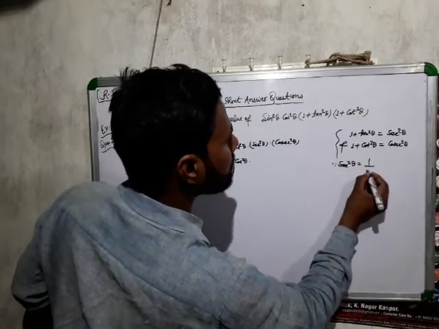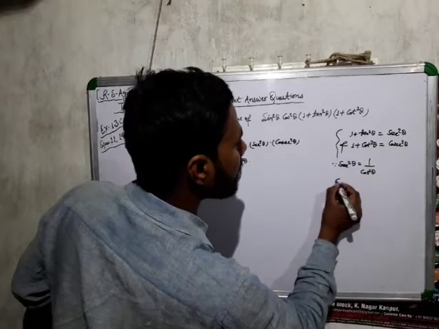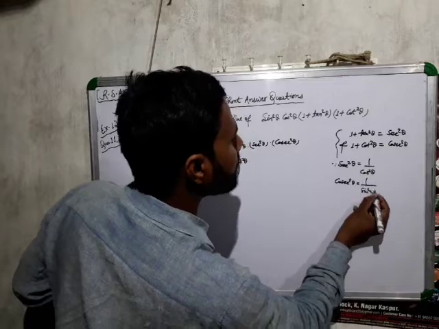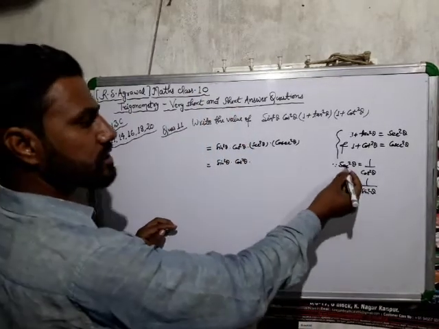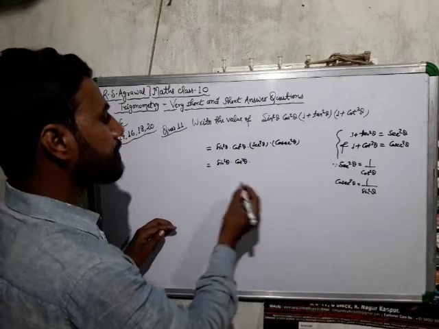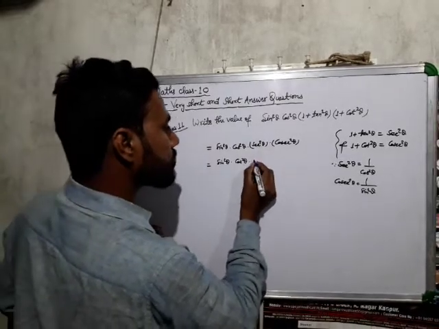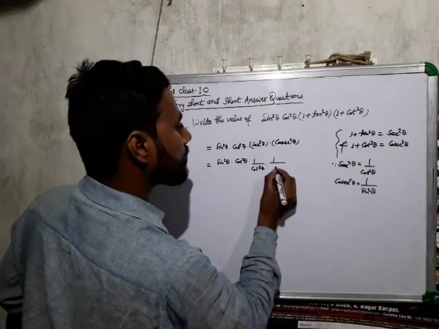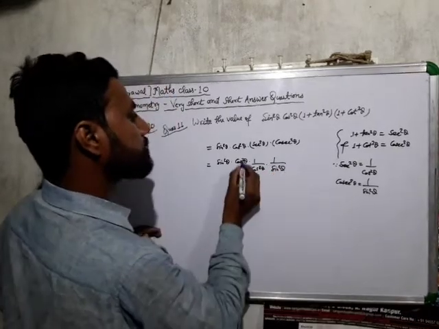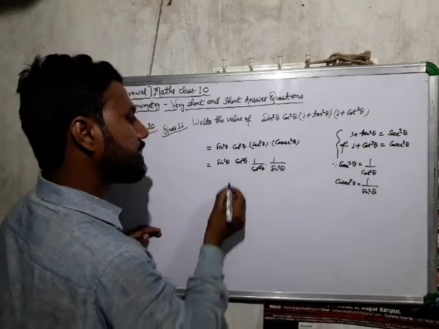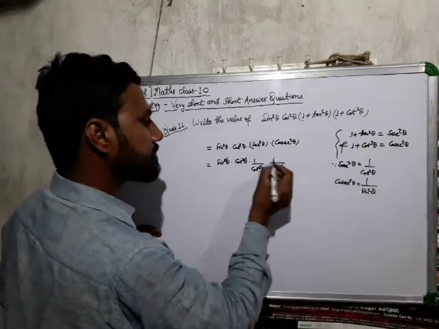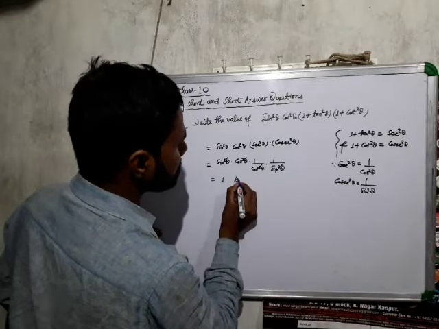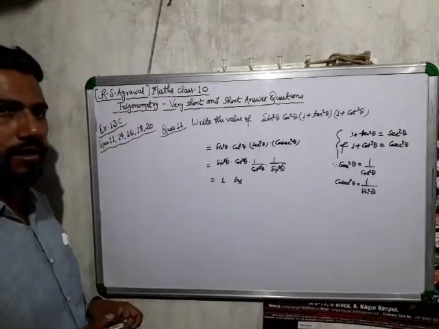Sec square theta is equal to 1 by cos square theta and cosec square theta is equal to 1 by sin square theta. Putting these values, the cos square theta and cos square theta cancel, and the sin square theta and sin square theta cancel, so it is equal to 1 into 1, which is equal to 1. This is the answer. Clear?